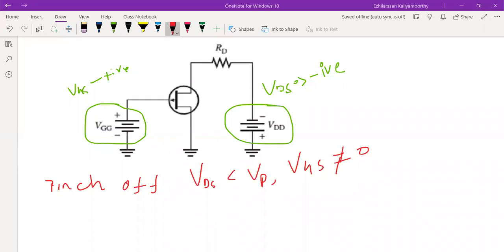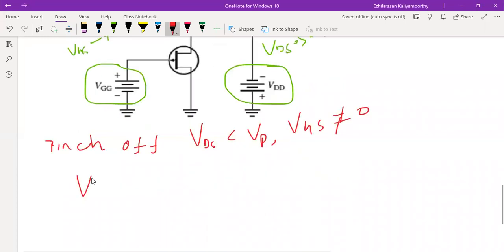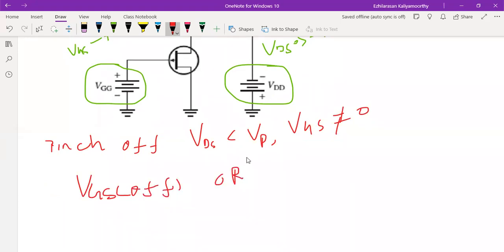So very important, don't get any confusion: VGS(off) is sometimes also called VP, the pinch off voltage, because we'll do some numericals, and at that time you should not get confused. VGS(off) is otherwise we can call it VP, that is pinch off voltage.